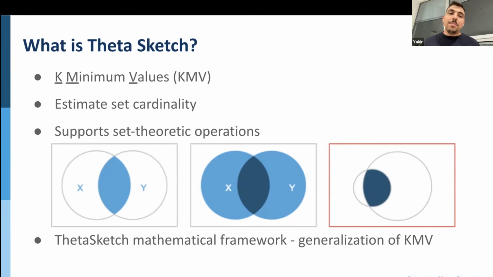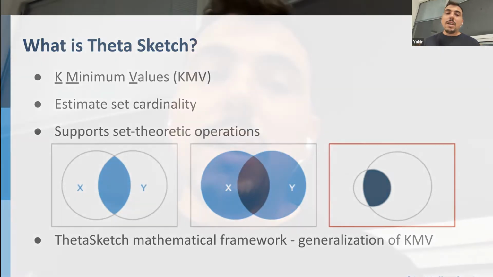And for us, the biggest benefit of ThetaSketch and KMV was its great support for set theoretic operations, which is a very important feature for us because it means that we could calculate intersection and union between two sets or more without losing too much accuracy. And again, this is an important feature because if we are going back to the first use case, building target audiences, essentially what we are doing there is calculating an intersection or union between multiple attributes.